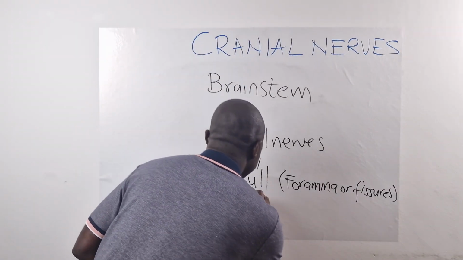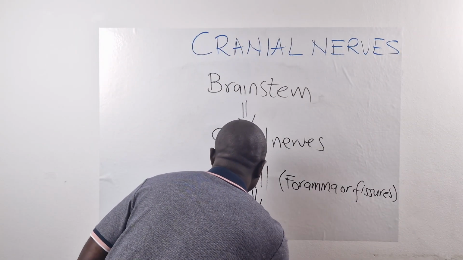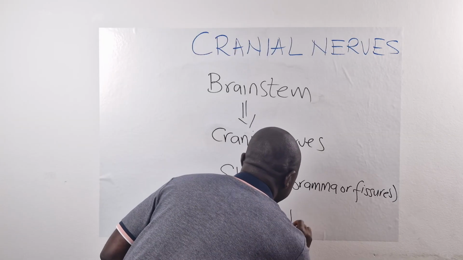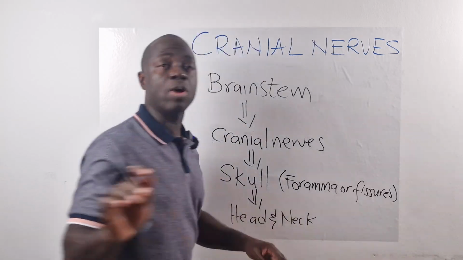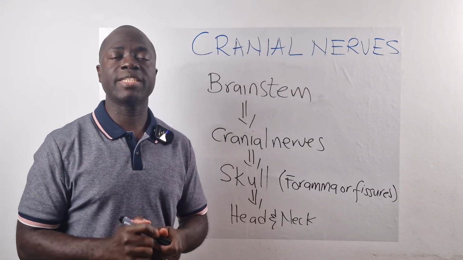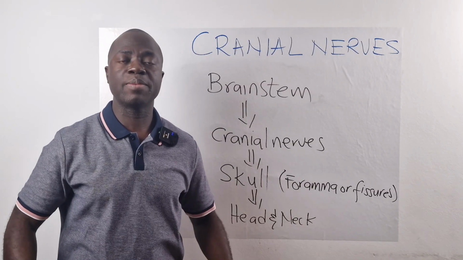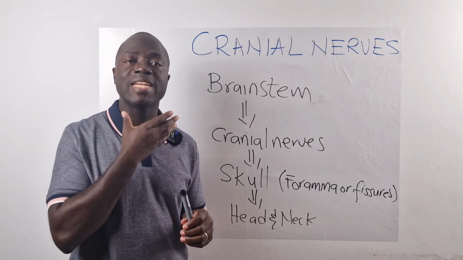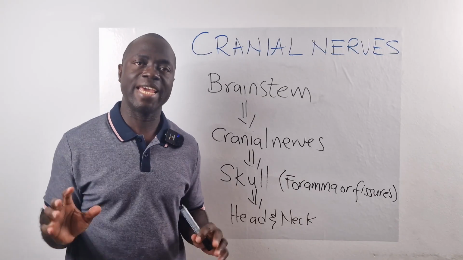Okay? Through foramina or fissures. And like I said, they usually serve structures around the head and the neck. So just as you have spinal nerves supplying structures on the rest of the human body, the cranial nerves supply structures around the neck and around the head.